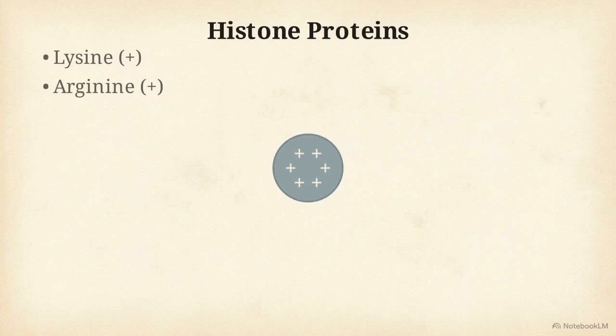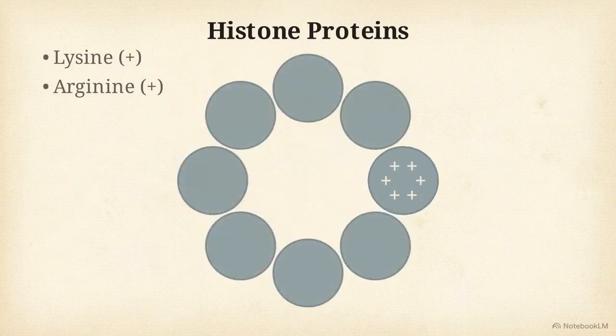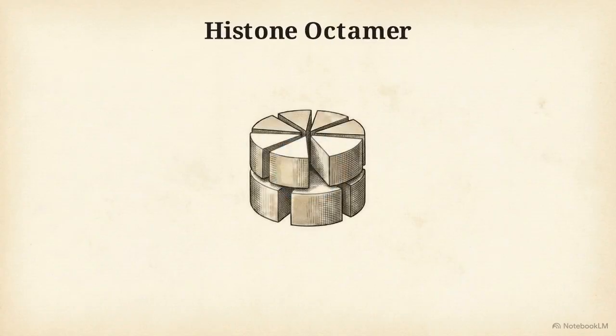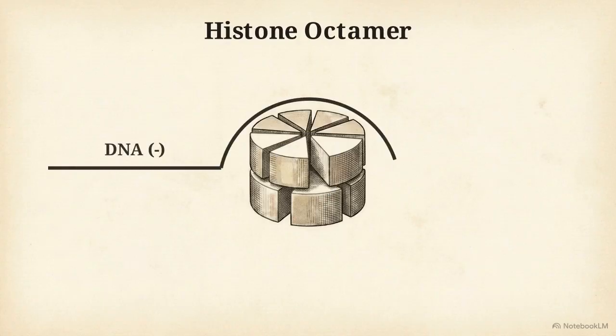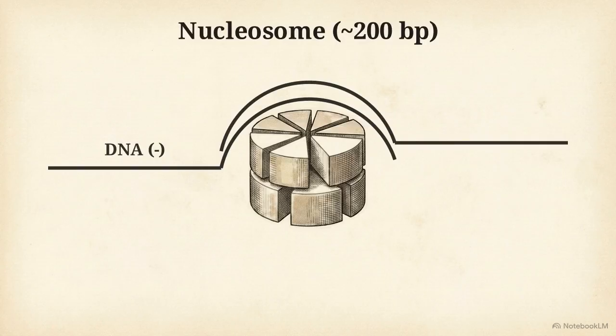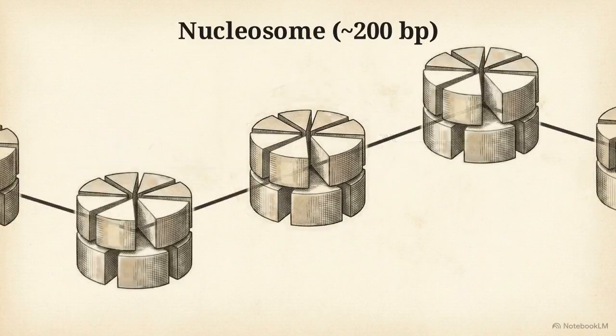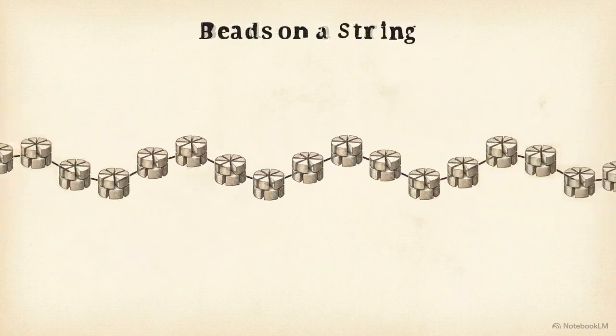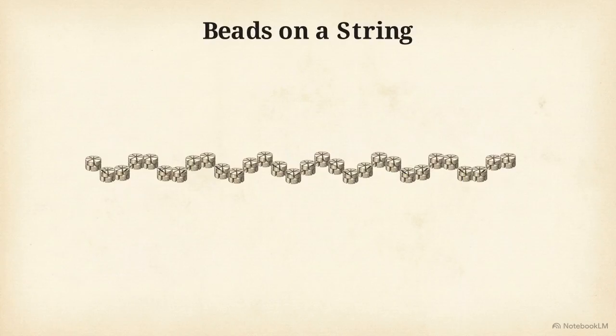These proteins are densely populated with positively charged basic amino acids like lysine and arginine. 8 of these histone proteins aggregate to form a massive cohesive cylinder called an octamer, which projects a strong positive electrostatic field. The negatively charged DNA strand is intensely drawn to this positive core. It wraps around the octamer, securing approximately 200 base pairs of DNA. This spooling creates the foundational packaging unit, the nucleosome.